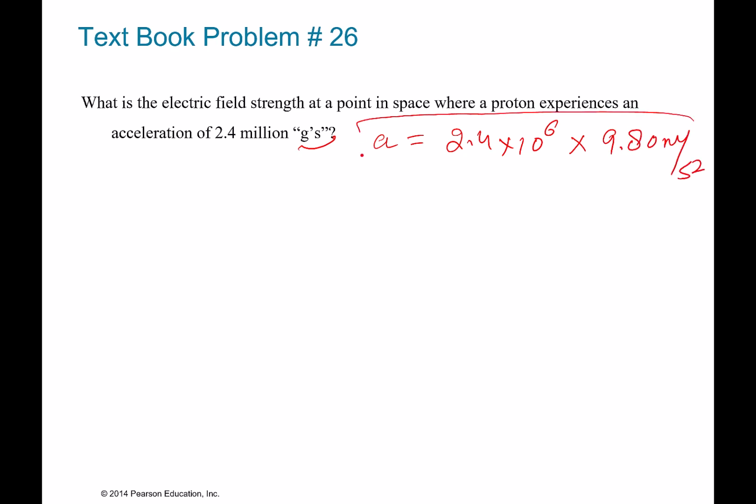This is just to add a little bit of surprise element to it. Basically it is telling you the acceleration is 2.4 × 10^6 times the acceleration due to gravity.